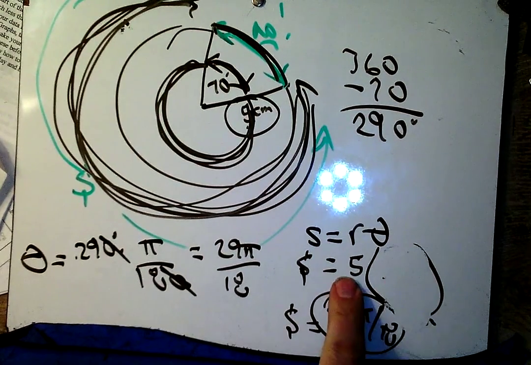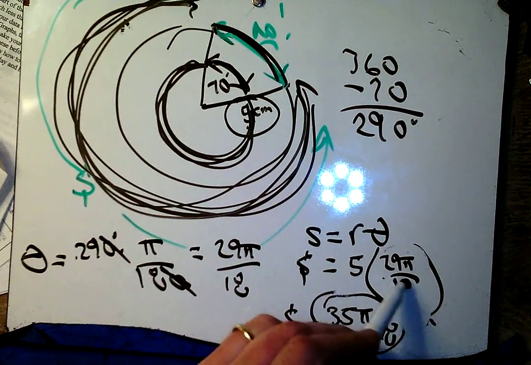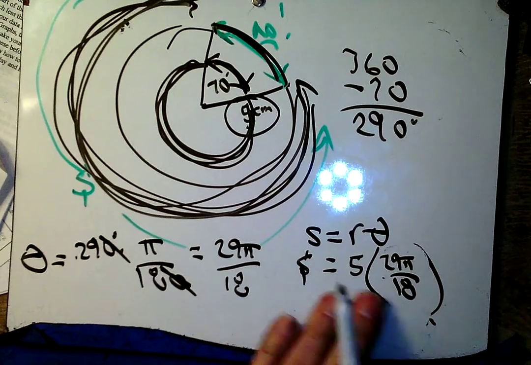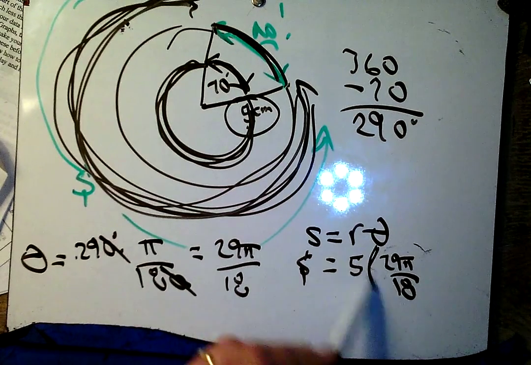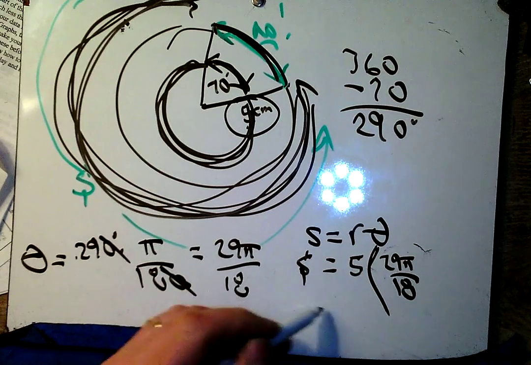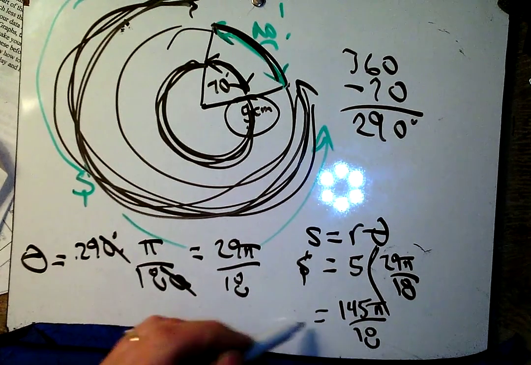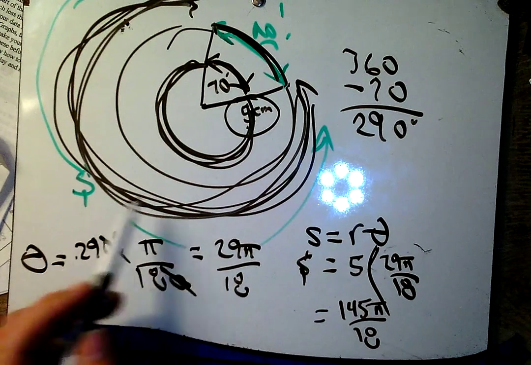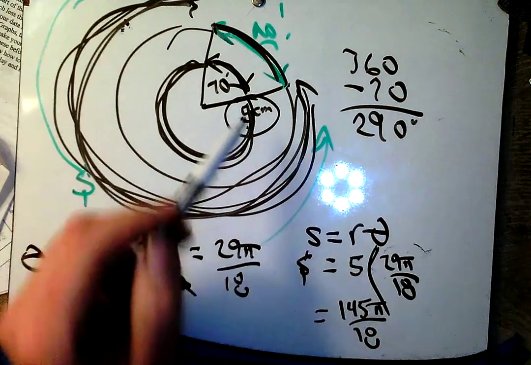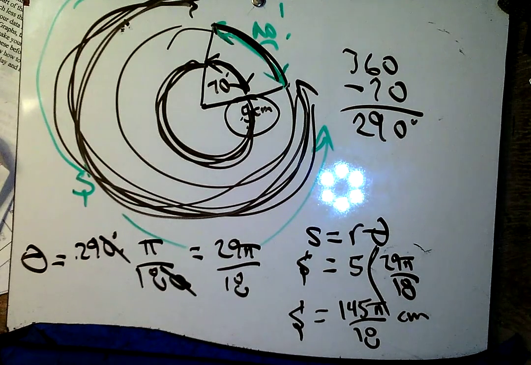We've got 5 centimeters times 29 pi over 18, which is 145 pi over 18, and those were in centimeters, is our arc length. Fabulous.